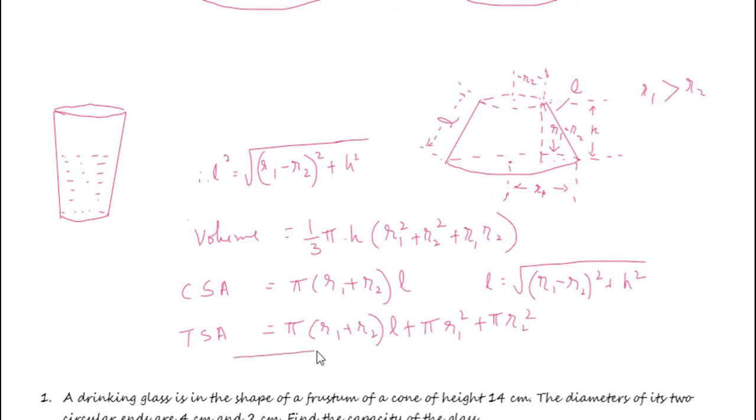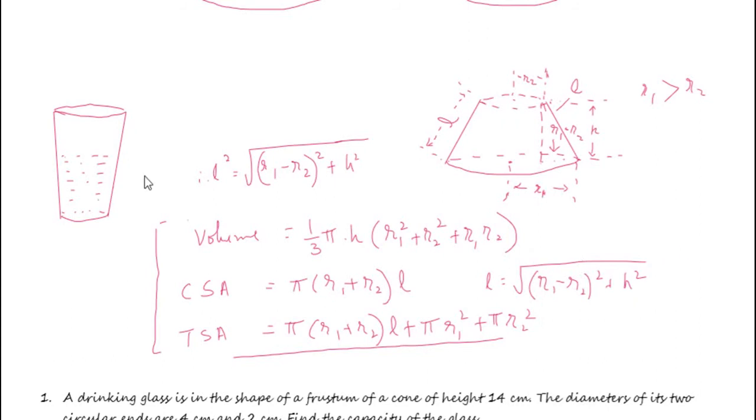This is the total surface area of the frustum. We need to know these three things. We need not pay attention to how we derived this, that is out of scope. If you can mug it up and make use of it while solving the problem, that is good enough.